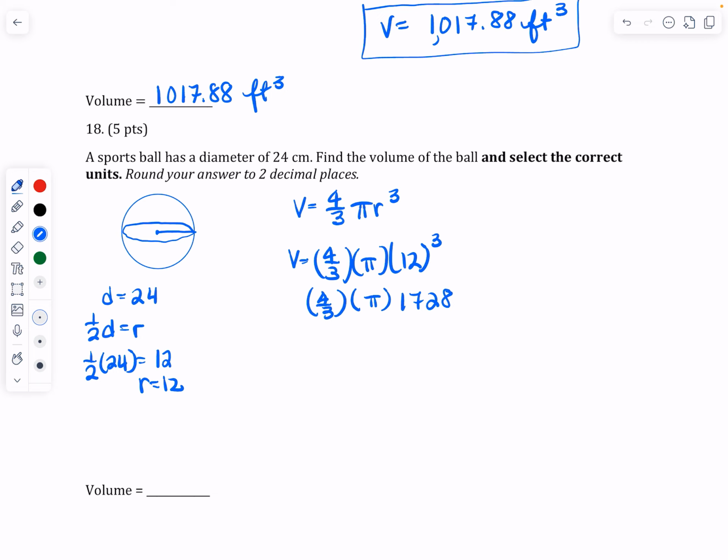Okay? Now what I'm going to do is take 1728 times 4. And when I get that, I get 6912, and that's over 3. And then we're going to multiply that by pi. So now I'm going to divide that by 3. 2304. Now I'm going to multiply that by pi.